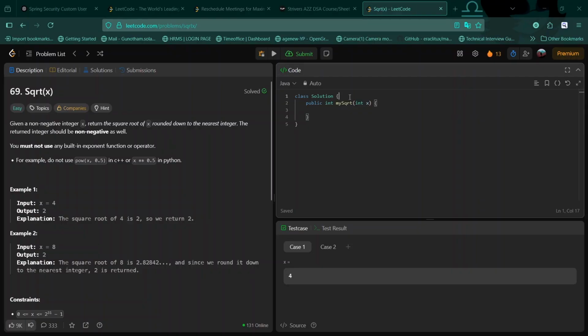One of the brute force ways we can do is to have a variable, and for each variable we will have a count, and we will just find the square root of the number in a loop.